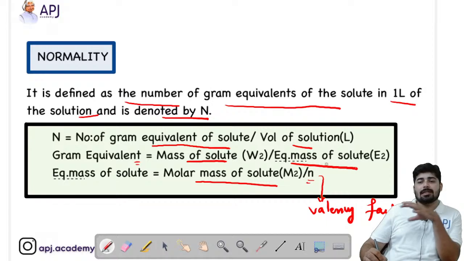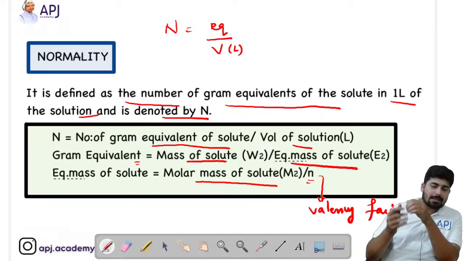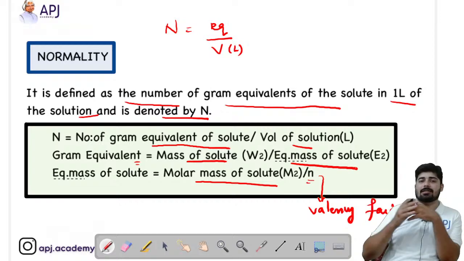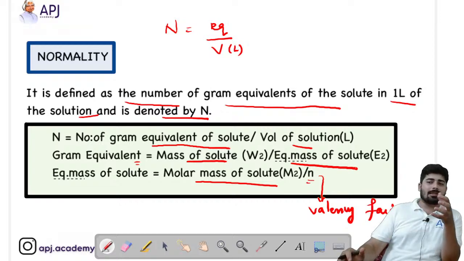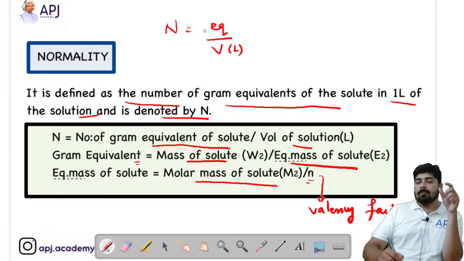Okay, so here the equation is simple. Now normality is equal to number of equivalents divided by volume in liter. Number of equivalents and number of moles are equal in certain cases, or you can consider number of equivalents as similar to number of moles. So that is what you have to remember. And how to find out the number of equivalents?